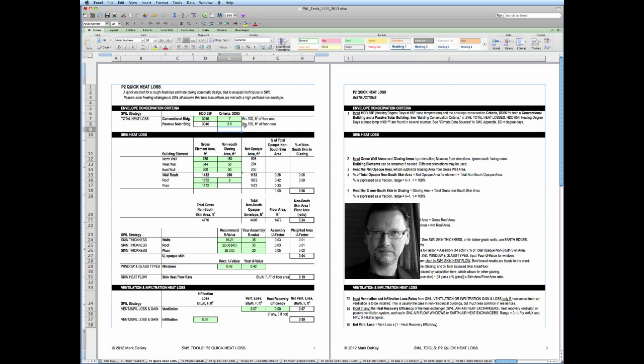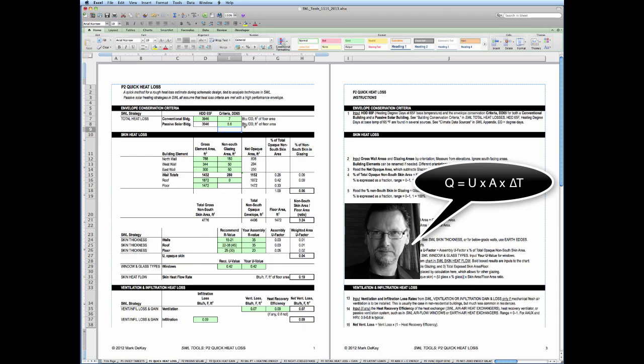Remember that conductive heat loss through a wall or a roof is proportional to the U value of the assembly and the area of the material. One way to remember that is just the simple formula Q, or heat loss, equals UA delta T. That is the U, or the U factor for the assembly, times the area of that portion of the building that you're looking at, whether it's a wall or a roof, times the difference in temperature between inside and outside.